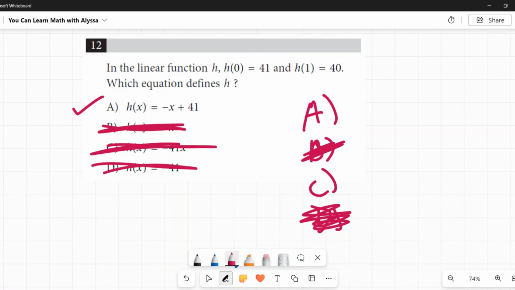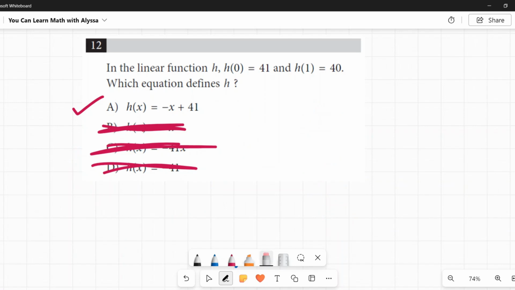I'm not really sure why they did it where you just have to do the first one, the h of 0, and you automatically have your answer. Frankly, if I was taking the test on the day and I saw this, I would be suspicious and think I had done something wrong, because it's really weird that they all get eliminated by the first equation. But that is what's happening here.